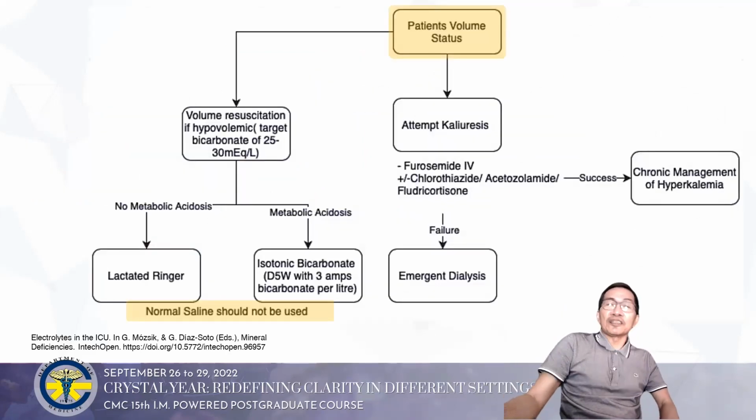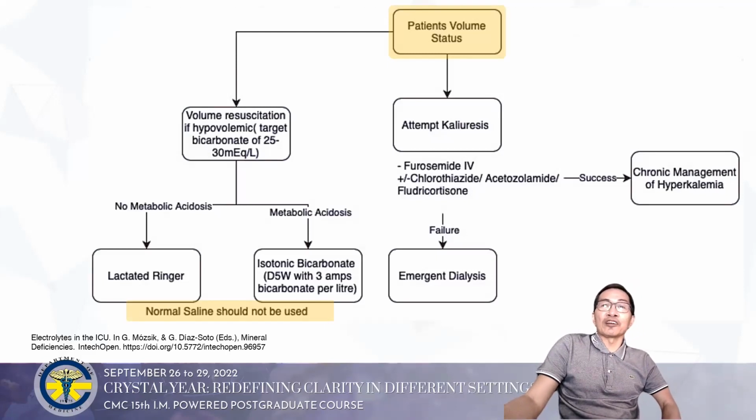Now, other than the level of potassium, you also have to be wary of volume status in patients with hyperkalemia. So depending on your volume status, if you need to do volume resuscitation in patients who are hypovolemic, then this is what you do. You give your lactated Ringer solution if there is no metabolic acidosis.